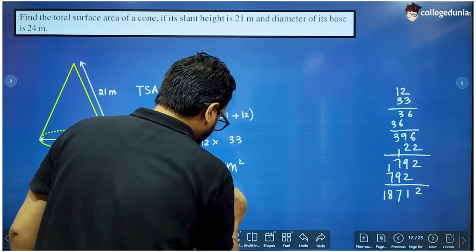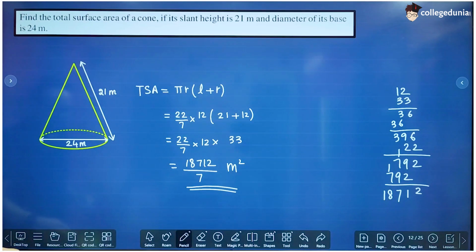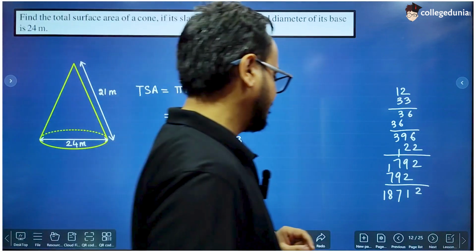So the answer is 8712 divided by 7 meter square.